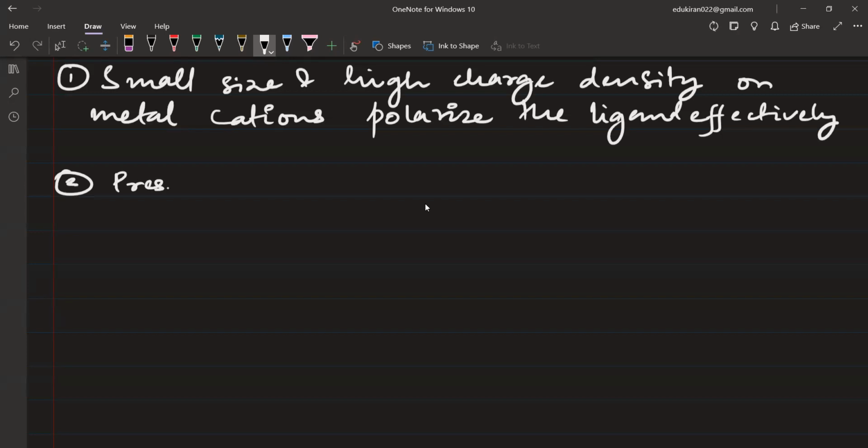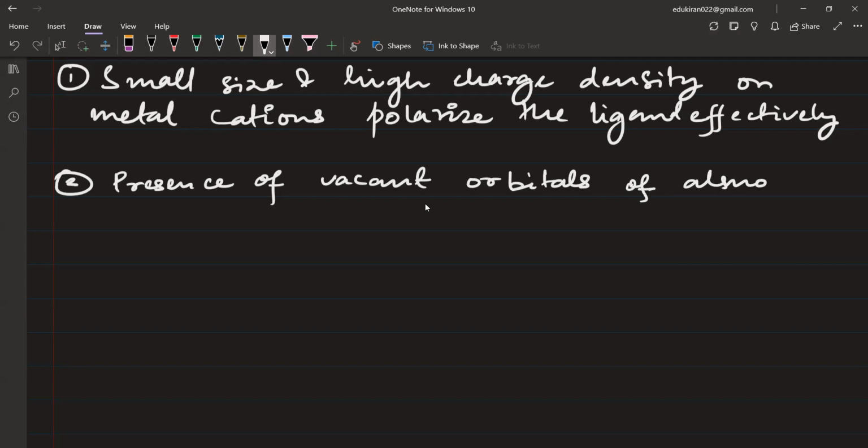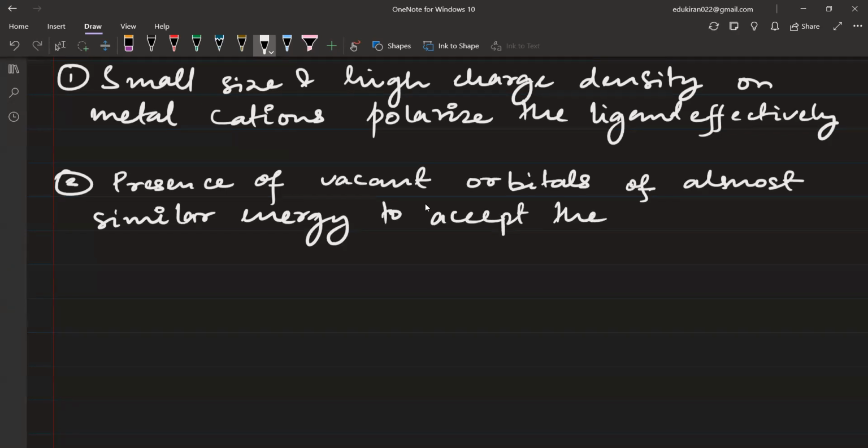Next point is presence of vacant orbitals of almost similar energy to accept the pair of electrons donated by ligand.